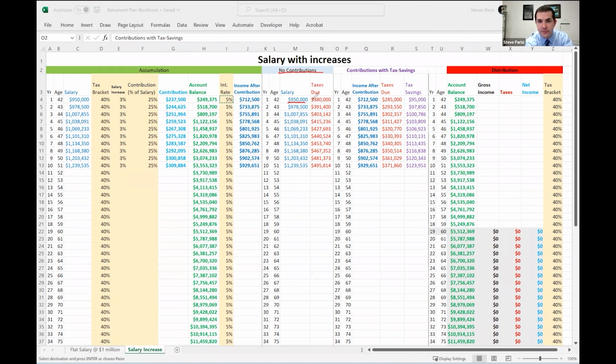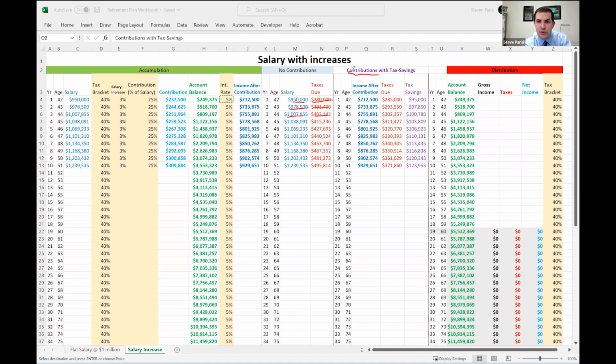At $950, that's your income today. At a 40% tax bracket, you've got $380,000 due in income tax. And I'll always throw in here, granted, I know you've got tax deductions and such. This is just based on 40% of whatever our salary is. But that's our income tax due, which is 40% of whatever the salary is each year.